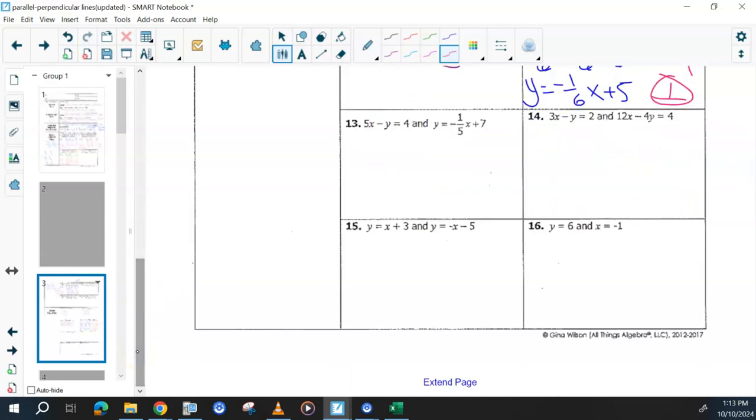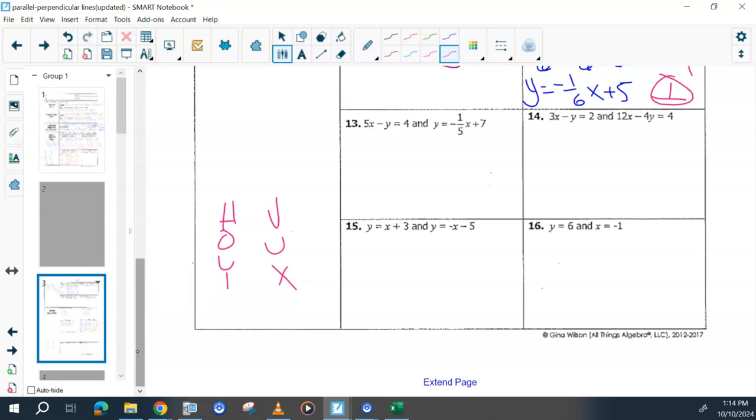Number 16. This is a y equals and an x equals, so we're going to go back and remember our Hoyle-Bucks. Horizontal lines have 0 slope in our y equals. Vertical lines have undefined slope in our x equals. So the y equals has what type of slope? I did just say that.